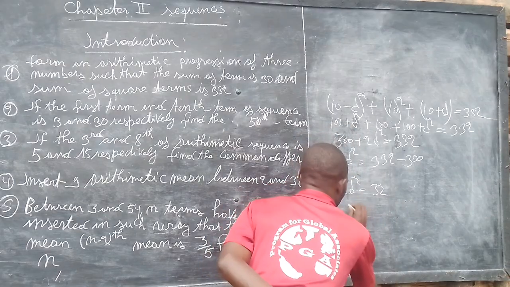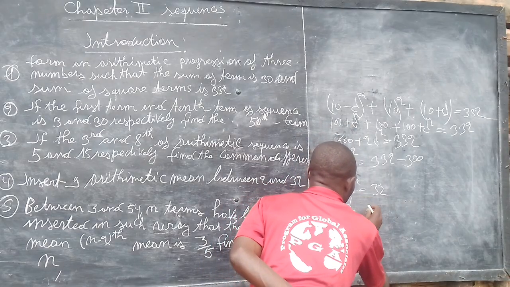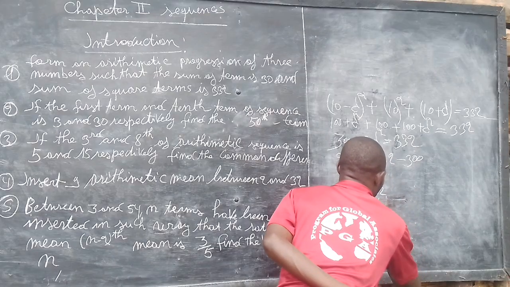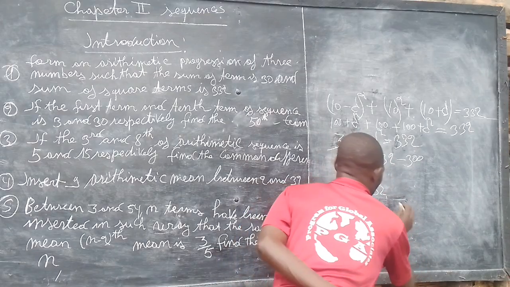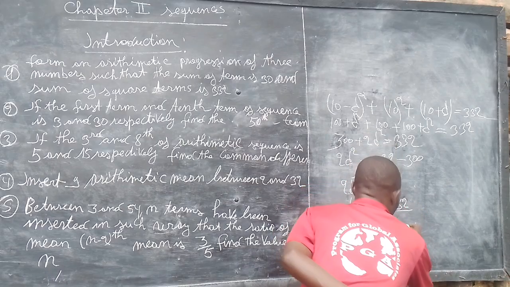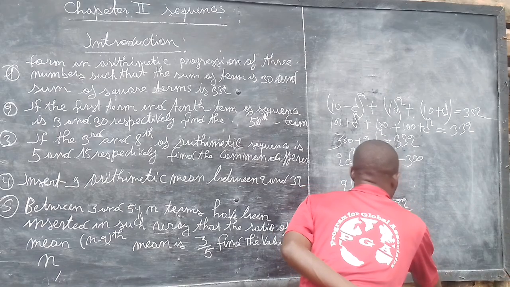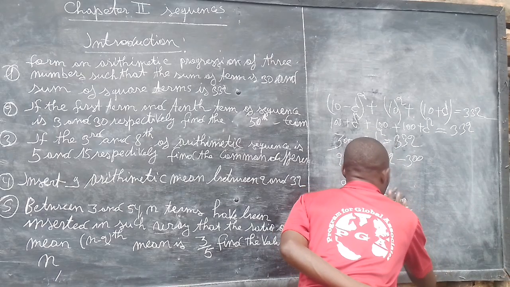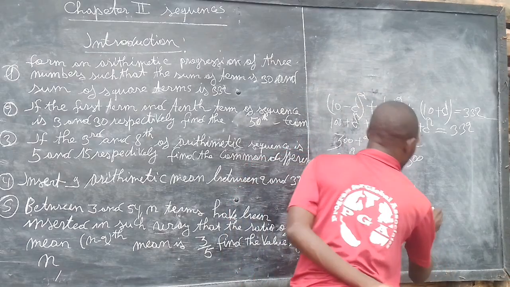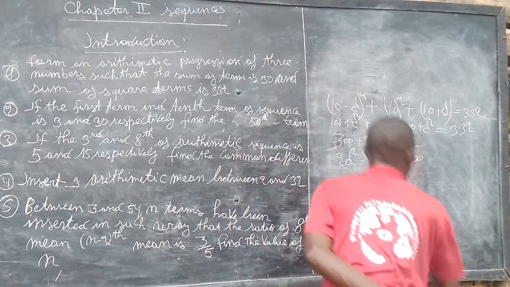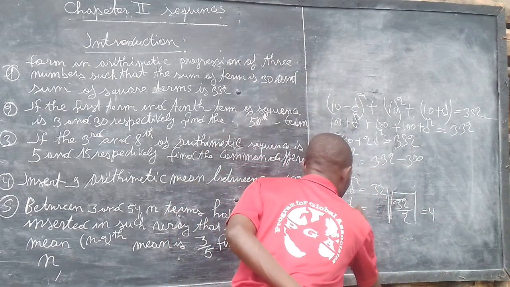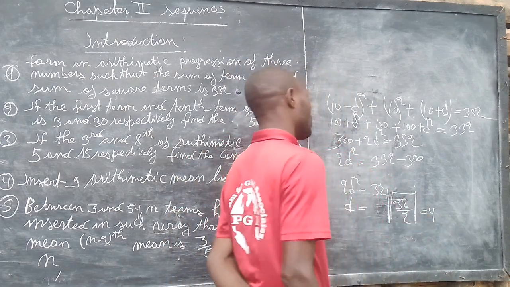So d squared is equal to 32 over 2, which is 16. Our d will be equal to the square root of 16, which is 4. So our common difference is 4.